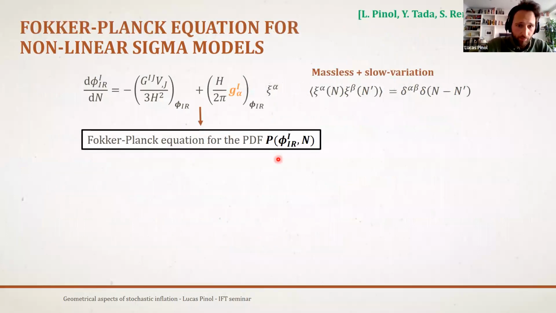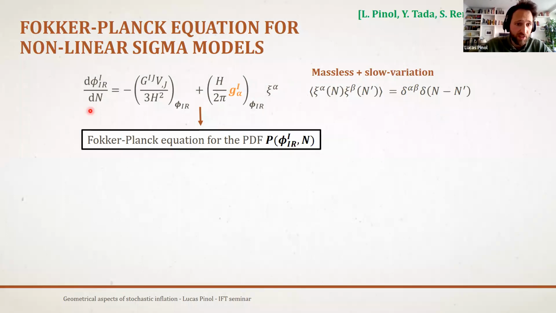Okay, so let us choose one square root matrix, small g, one vielbein. So far it is okay, an arbitrary choice, but we chose one, and we put out of this psi term the typical amplitude H over 2 pi, and now we have defined this psi alpha, which are the Gaussian normalized centered variables.